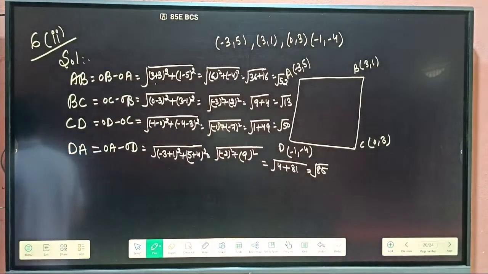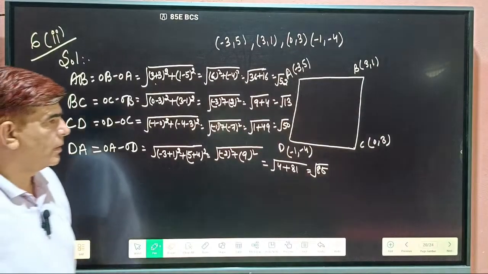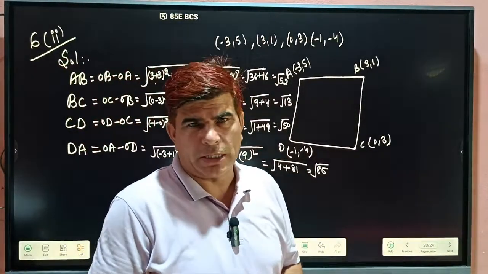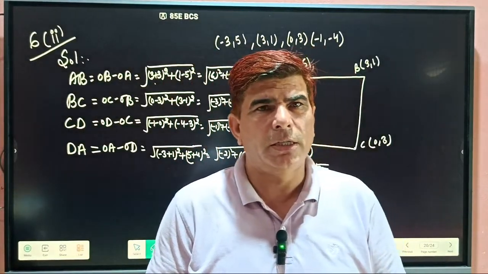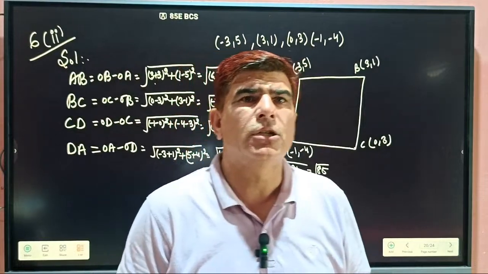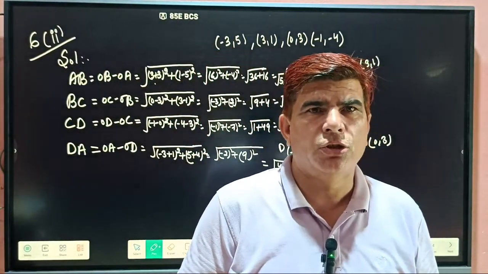So all are coming different. So what can we say? It is not a square, it is not a rhombus, it is not a rectangle, it is not a parallelogram. Understood?